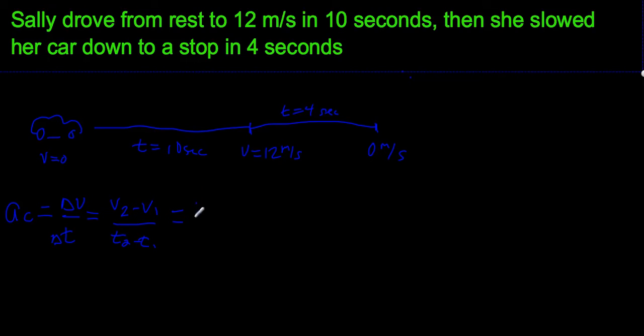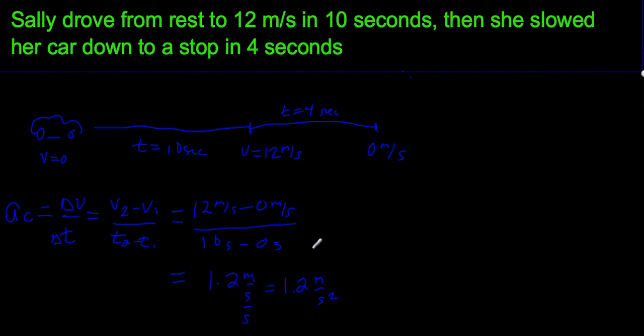Her speed here was 12 meters per second at the end of this 10-second interval, and it started off as 0 meters per second, and the time it took for that to happen was 10 seconds, starting from 0 seconds, which means our acceleration in this case is going to equal 1.2 meters per second, also called 1.2 meters per second squared.